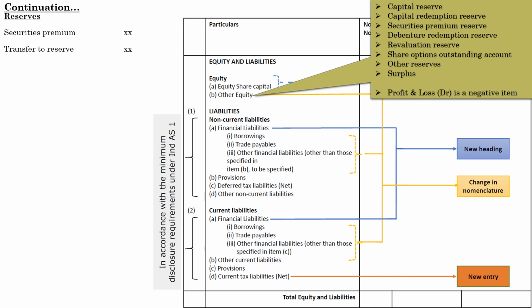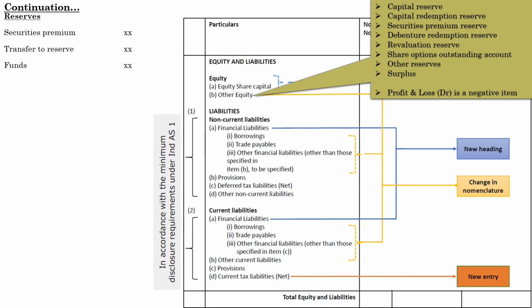Transfer to reserves, and if there are funds. Here we have learned many types of reserves. So if there are any reserves given in the question, definitely you have to show those reserves under the other equity category. Apart from that, in the question they may specify a securities premium. You have to show it under reserves. If there is any amount transferred to reserves, sometimes we may transfer a certain amount of profit to the reserves.